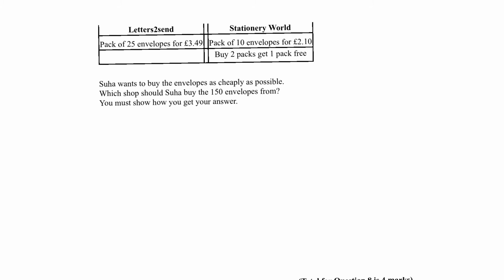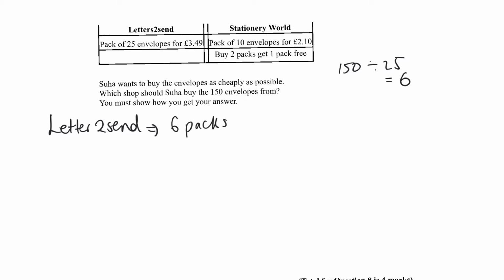Well, we need to compare. So first of all, let's look at the comparison between her buying it from Letters to Send. So 150 divided by 25 in your calculator will tell you how many packs you need. That would give you an answer of 6. So we need 6 packs, because 6 packs makes up 150 envelopes.